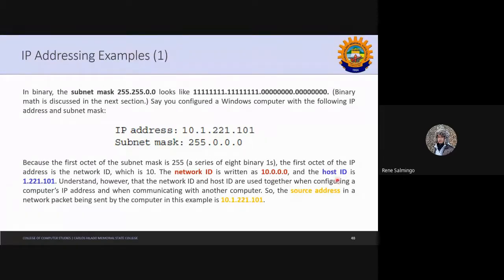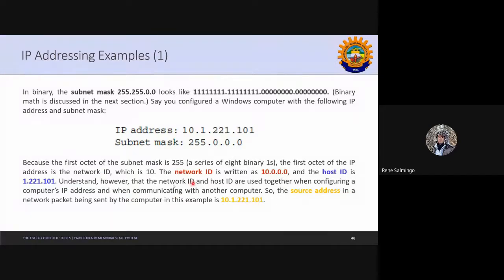Your host ID is 1.221.101. So this is your host ID, and your network ID is this one and the 0.0.0. Are you following?